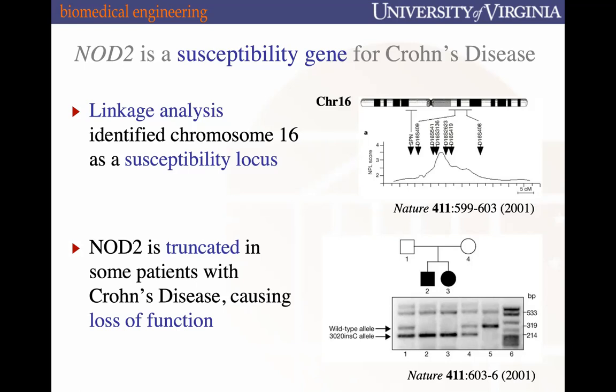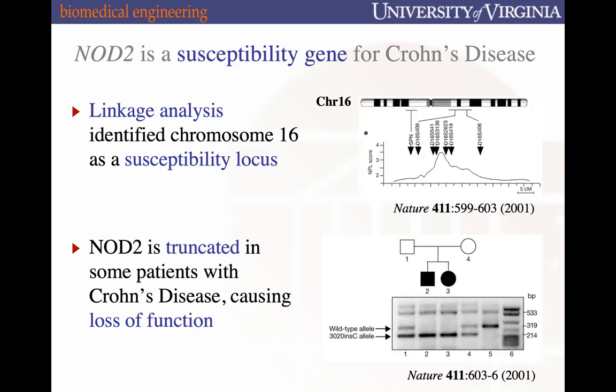That means they had one copy of this truncation. As you can see from the DNA gel here, the parents are in lane 1 and lane 4. They had one wild type allele, which is the normal version of NOD2, and they had this mutated form called 320 insert C. So mom and dad had one copy of it. The kids inherited each of the mutated copies and only have truncated NOD2, which is a loss of function.